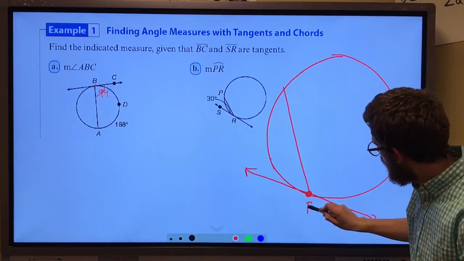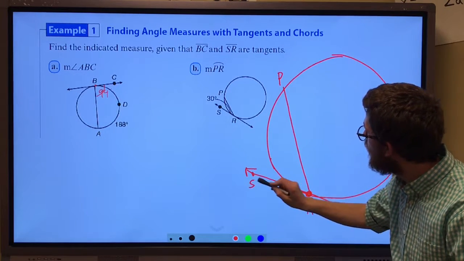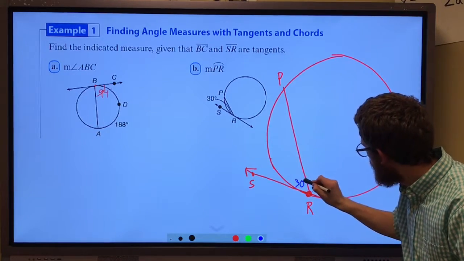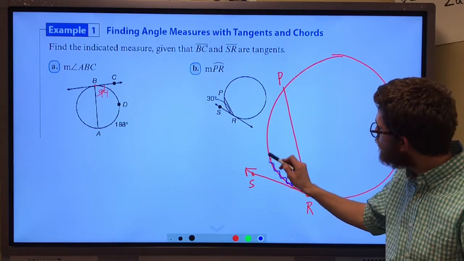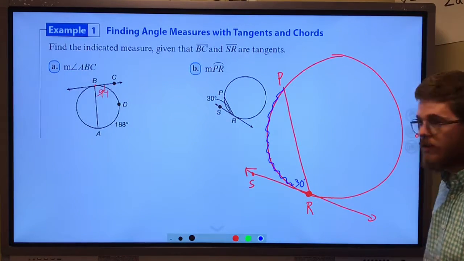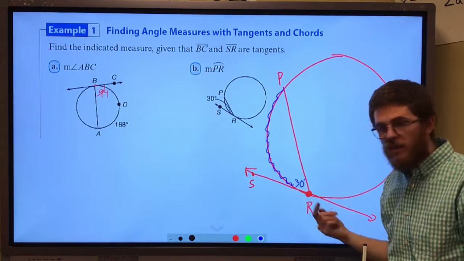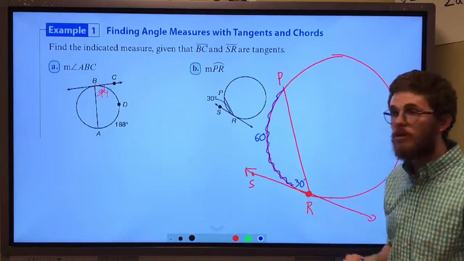There's our PR. Here's S out here. And we're told that this angle is 30 degrees. We want to know PR. What is the measure of this arc right there? Well, that is the arc that subtends this angle. That angle is going to be half of the arc. That arc would have to be 60 degrees.